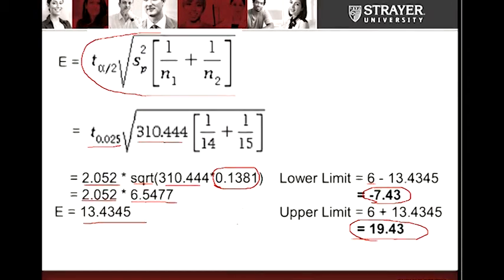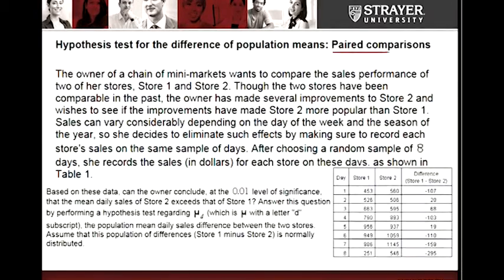All right, hypothesis test for paired comparisons. When we are given the information for individual values of the two sets of data, so we have store 1 and store 2, and in the earlier problems you were given the mean of the first set and the mean of the second set.